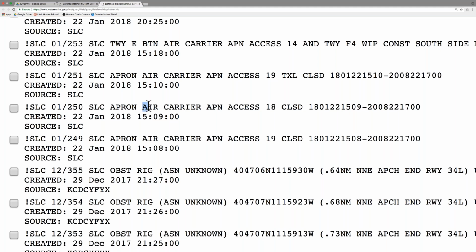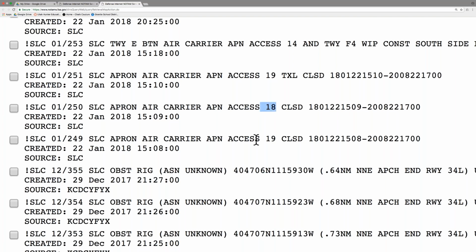This just says that the air carrier apron access 18, which is just a location. I don't know if you guys know the Salt Lake Airport very well, but they're basically reconfiguring it to run east-west rather than from north to south, and making it a lot bigger.